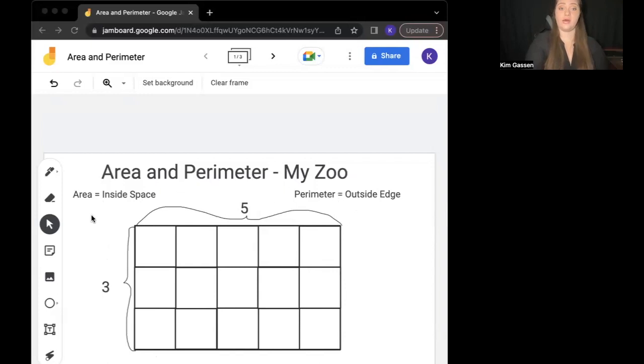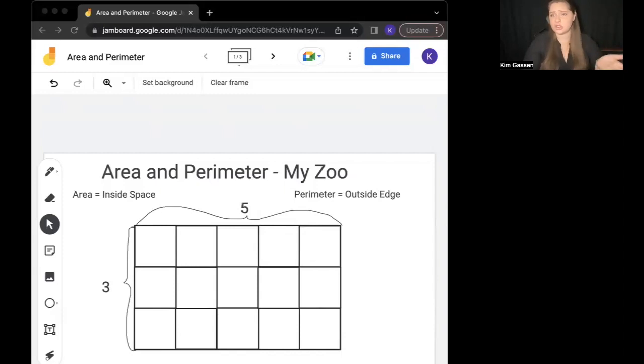And the long side, if it's 5 enclosures long, means that the other long side will also be 5 enclosures long. Now, if I need to figure out how many enclosures worth of fence I need to buy, I don't need 15 enclosures worth of fence. That will not cover my whole zoo, right?